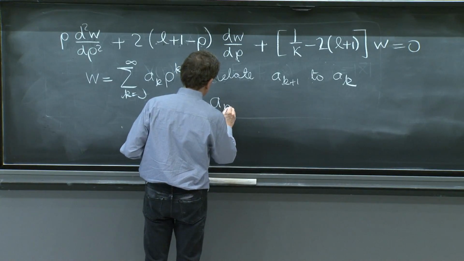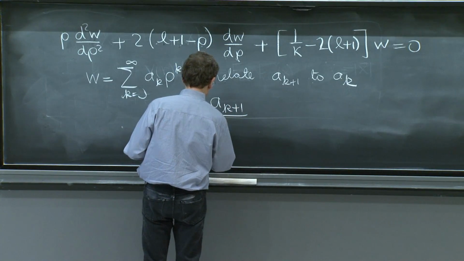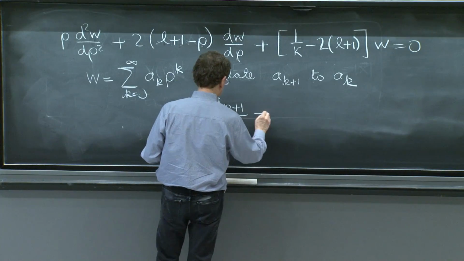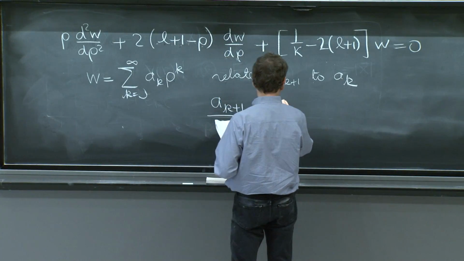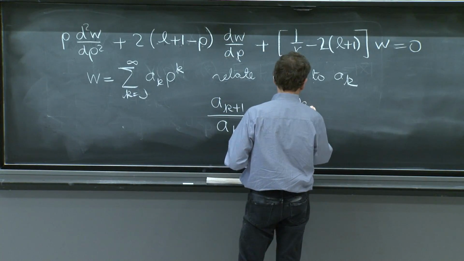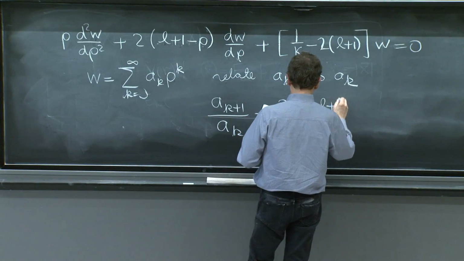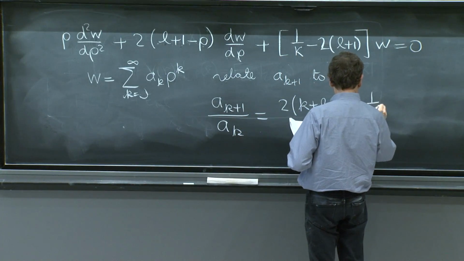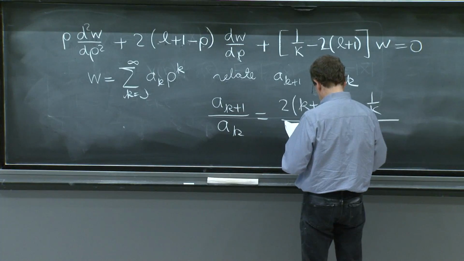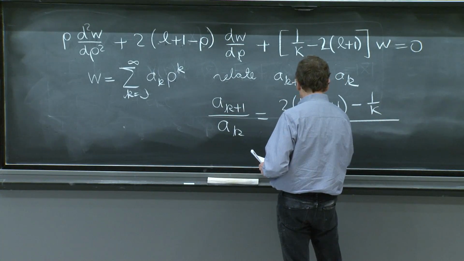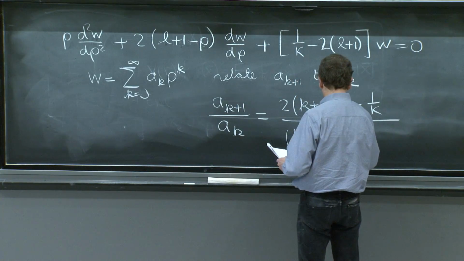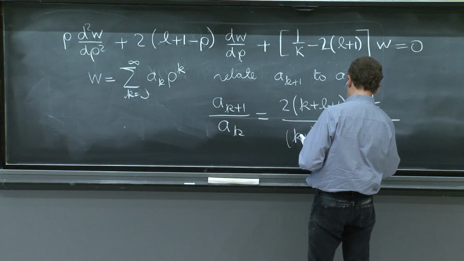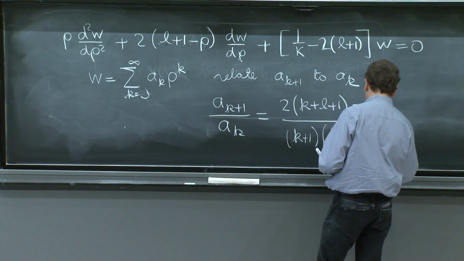So here is the answer. Okay, this is more important. a_{k+1} equals 2 to the k plus L plus 1 minus 1 over kappa, over k plus 1 plus k plus 2L plus 2.